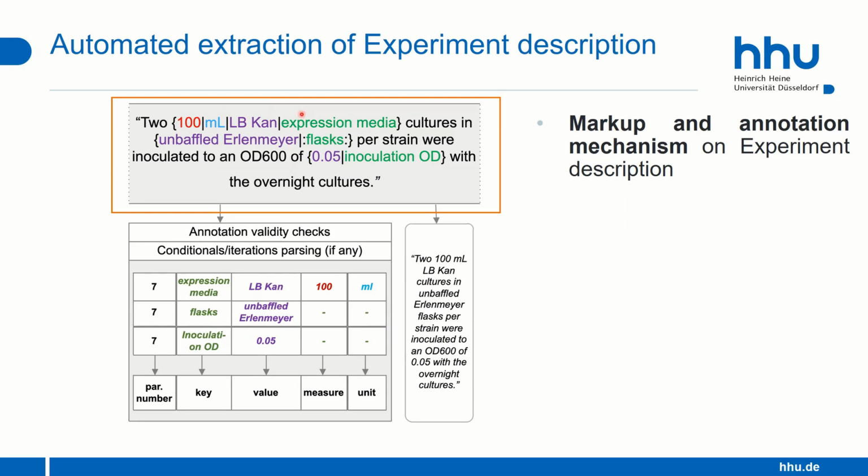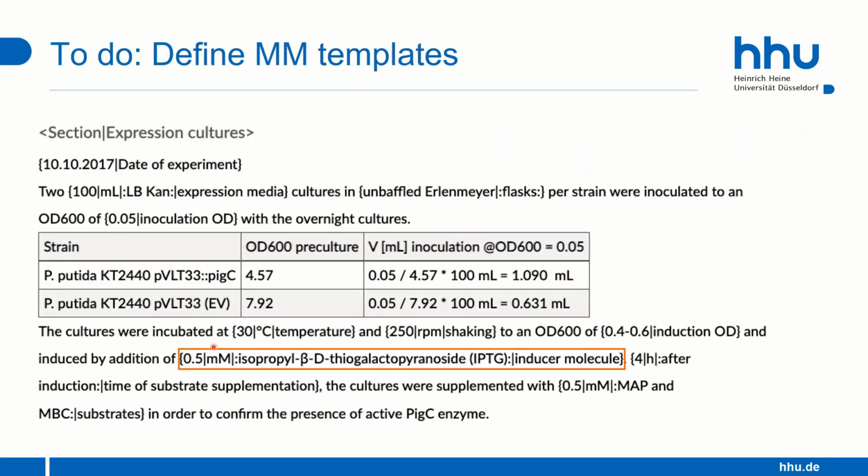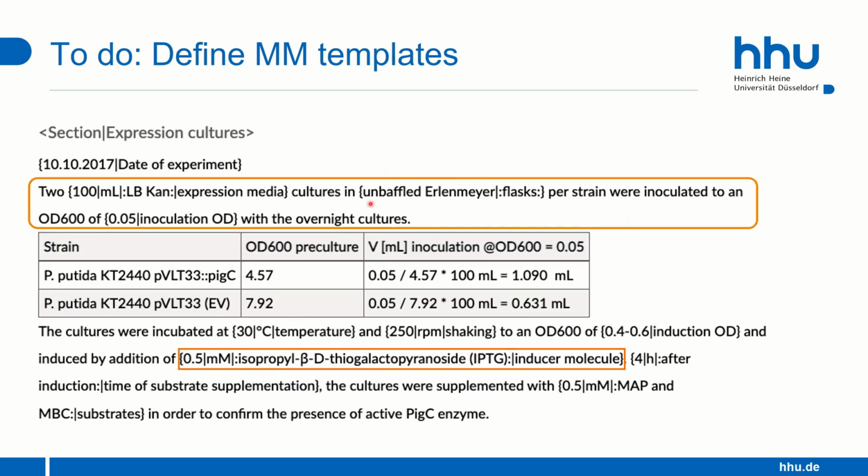And I wanted to have this because even for such a complex term here, or terms that are in the sentence, it still allows one to read the experiment description in a human readable way. Yeah, and that was important for us. And on the other hand, this type of markup allows us later to parse this information and extract the essential information that we require as metadata.